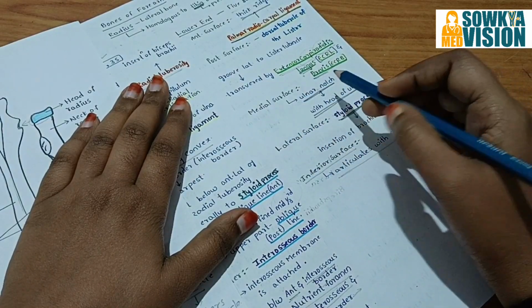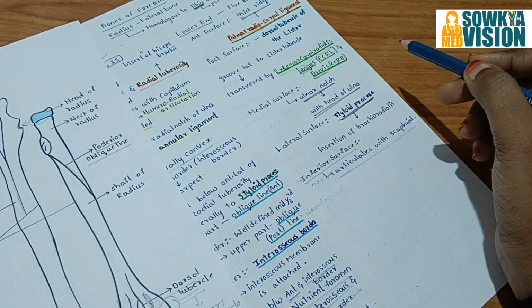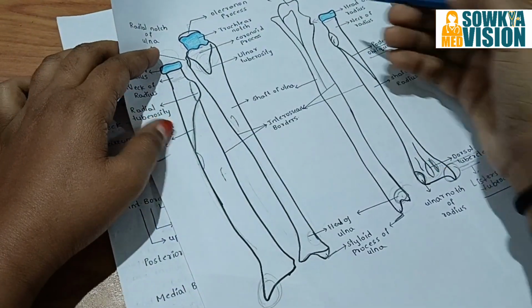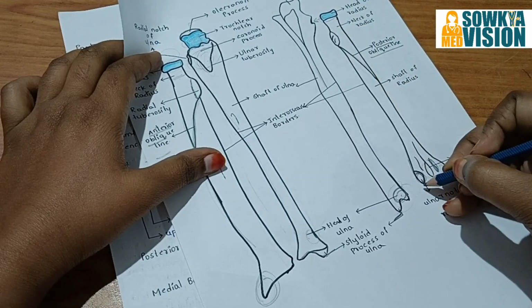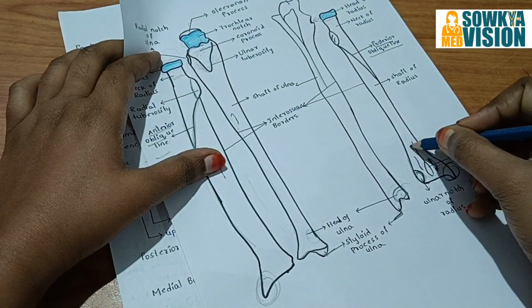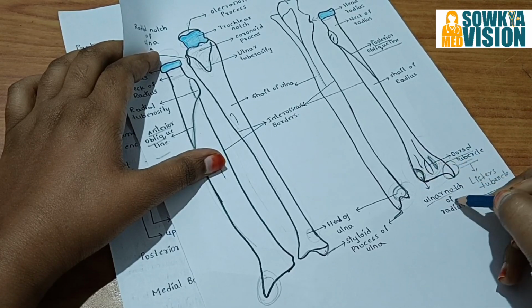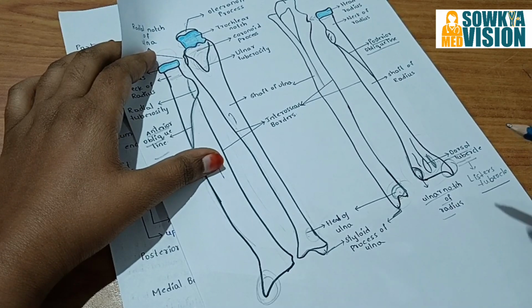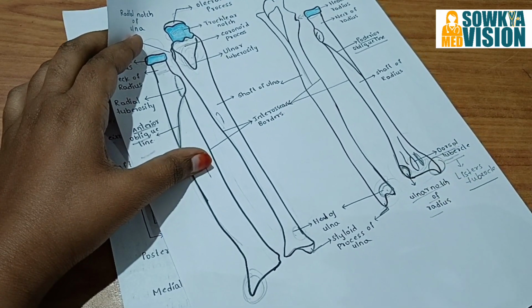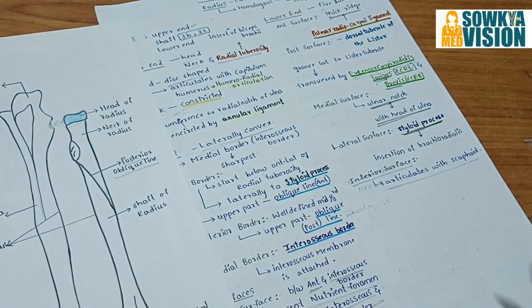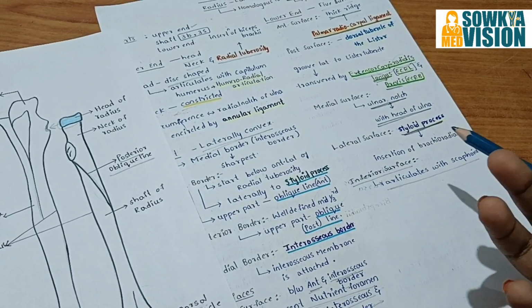And now medial surface contains an ulnar notch. See, this is the medial surface. This is the medial surface of the lower end, containing the ulnar notch of radius. For what? Articulation with the head of ulna. Yes, this is the head of ulna, forming lower radio-ulnar joint.